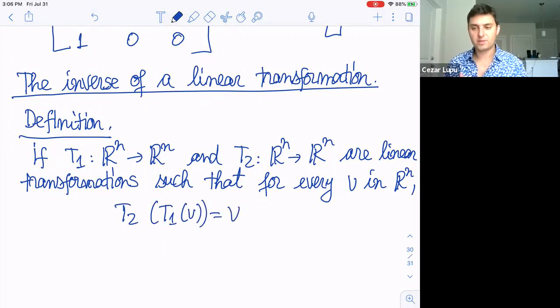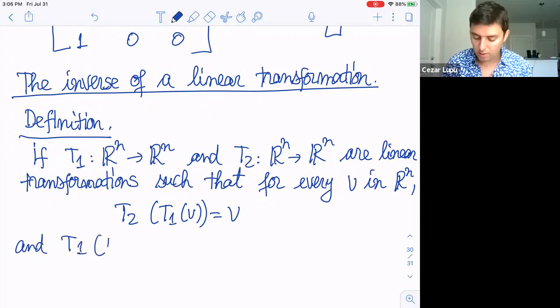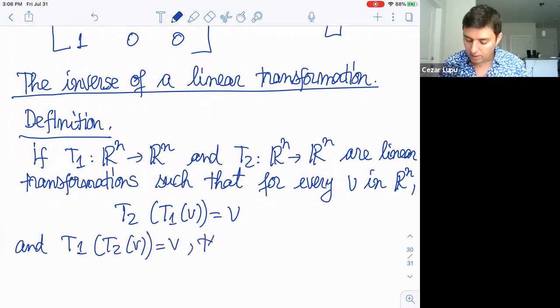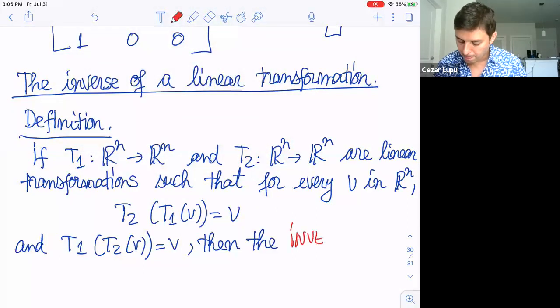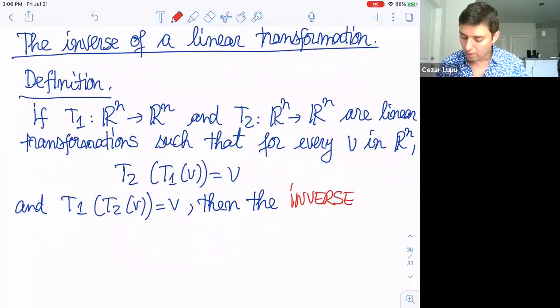Not just the composition, the composition of T2 and T1 is actually V, and the other way around happens. T1 of T2 of V is V, so it is the identity. Then we can say that the inverse of T1, wait, how should I say?